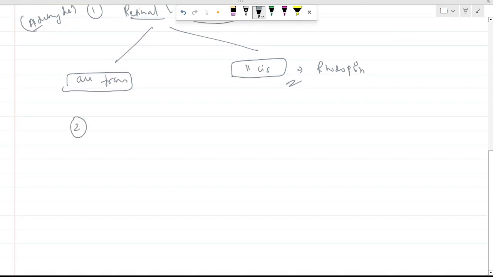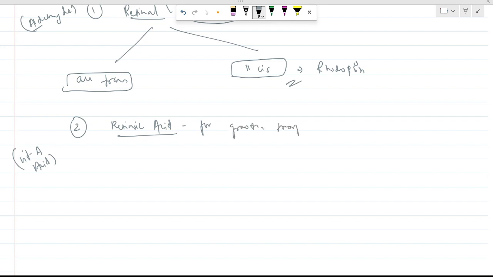Next is the retinoic acid. This is the vitamin A acid. This is for growth, morphogenesis, and cellular differentiation.